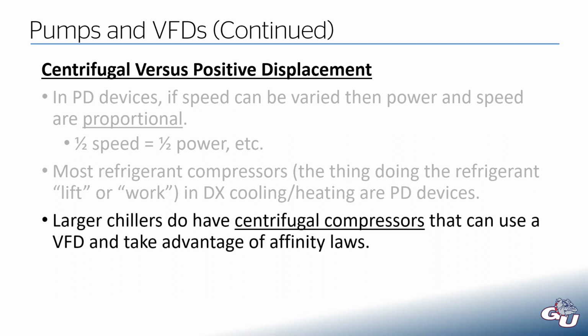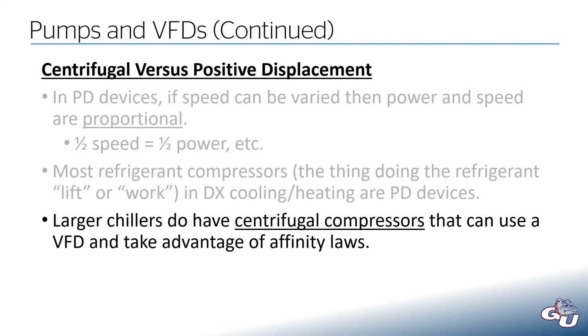If you have a larger chiller, those might have a centrifugal compressor, but that is typically only seen in pretty big chillers where the economics actually make sense to have a centrifugal compressor and then to put a VFD on that compressor, which then you could take advantage of the affinity laws.